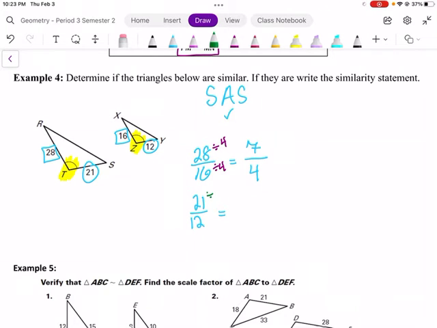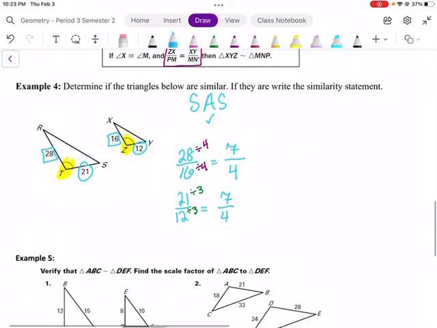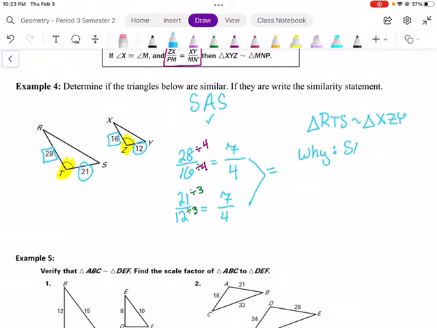And these ones are both divisible by 3, and we will end up with 7 over 4. So because these are the same, that tells us these are similar triangles. So we can say triangle RTS is similar to triangle XZY. And the reason why would be side, angle, side.